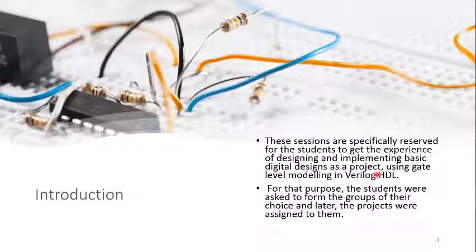So what students have to do is implement the assigned projects using gate level modeling in Verilog HDL, simulate their designs and verify the functionality by performing functional simulations, and submit the report at the end of the session, so that students can get familiar with the project cycle, how the projects are implemented and how digital designs are conceived and implemented.